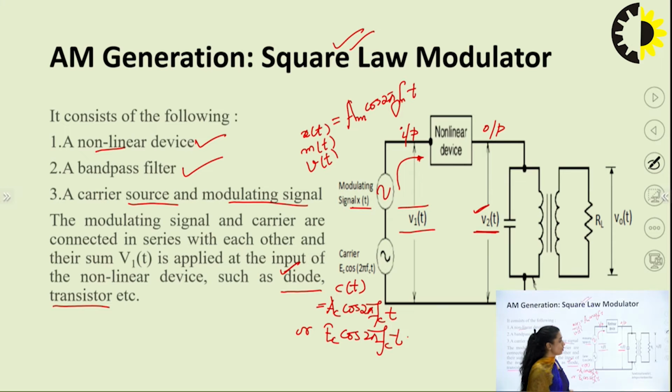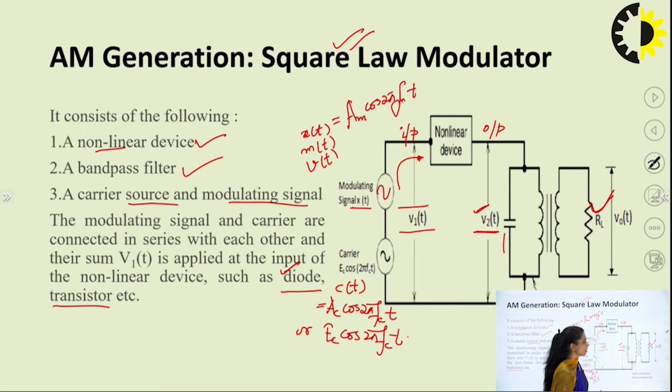Then we pass it through a band pass filter. Here my band pass filter is simply an LC circuit, right? So sorry, it's not visible, I should stand here. So this is an LC arrangement, and because of mutual induction we can get the final output across the load here.